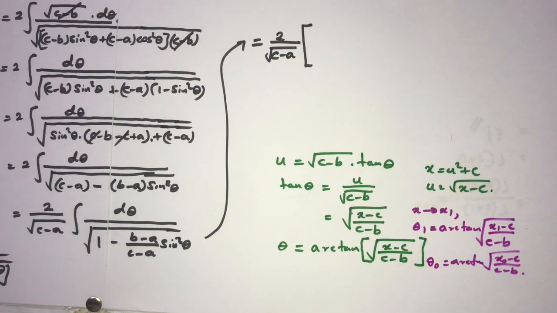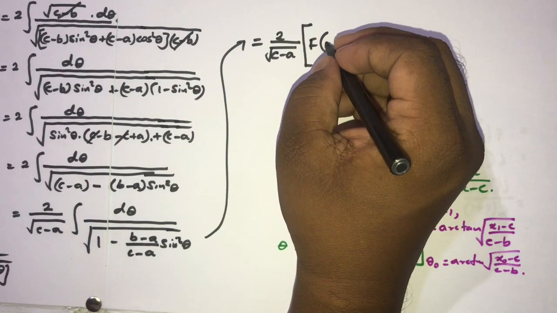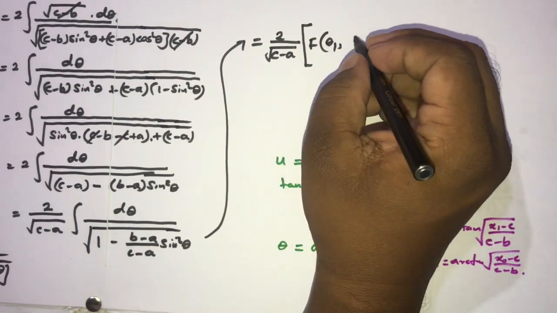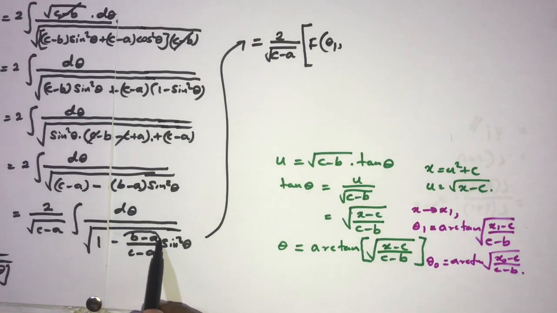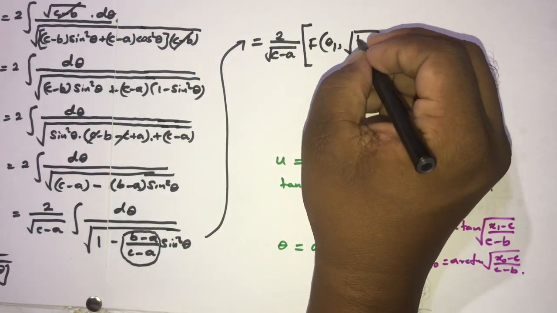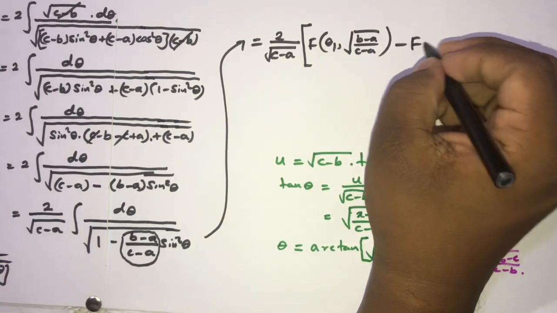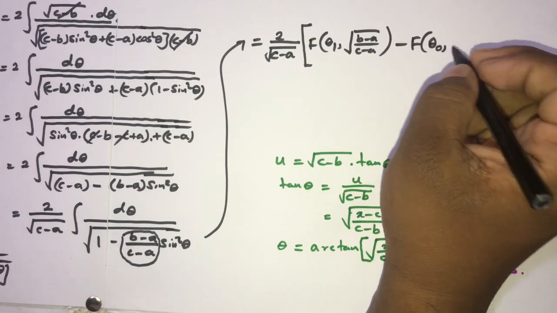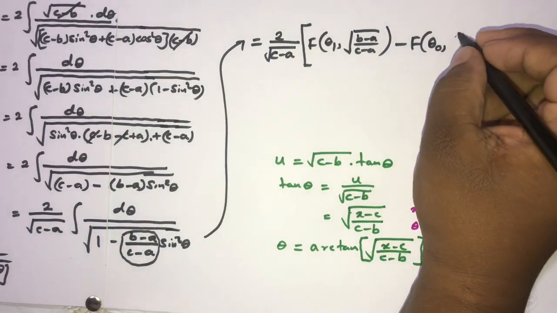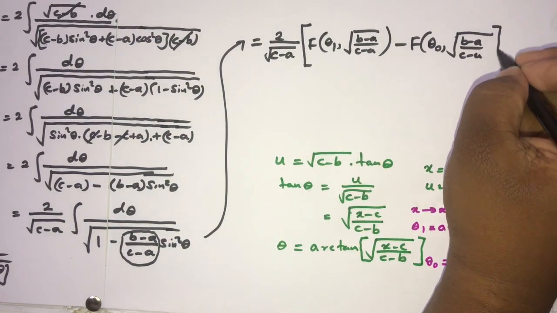So we can write the answer here, capital F of, upper limit theta 1 comma, now here we know k square is equal to b minus a over c minus a, so k we know is the square root of b minus a over c minus a, then minus the lower limit theta naught comma again k, we know b minus a over c minus a.